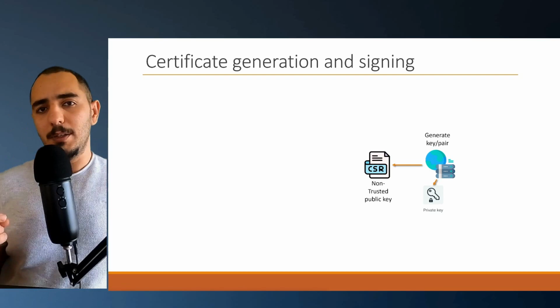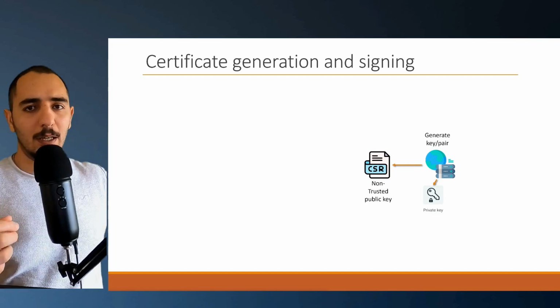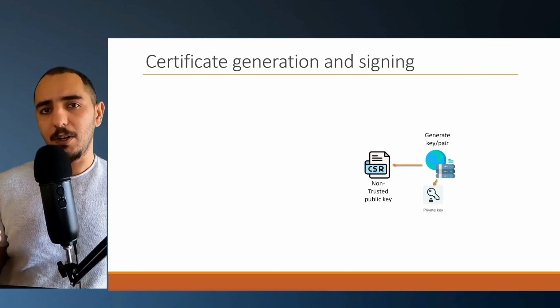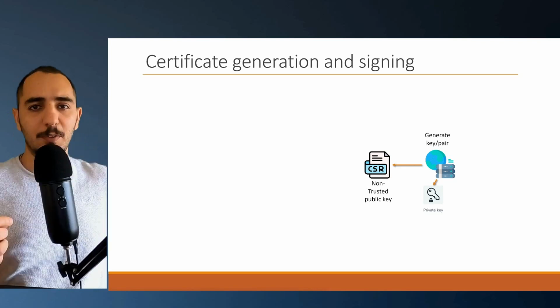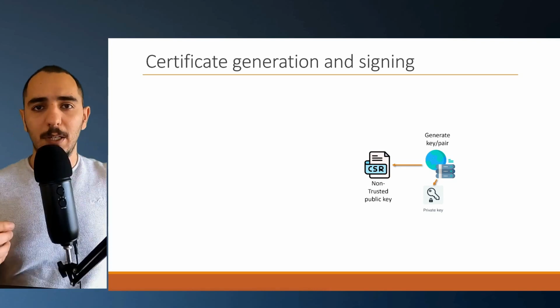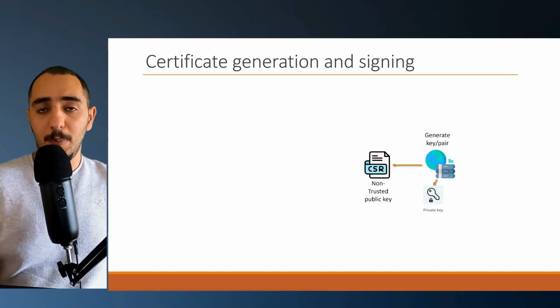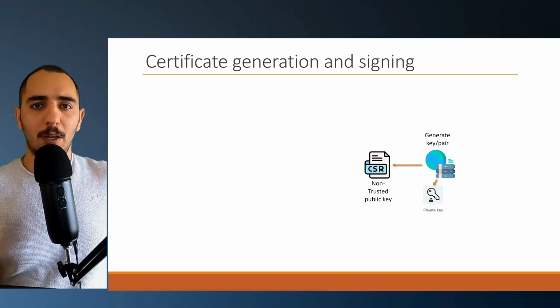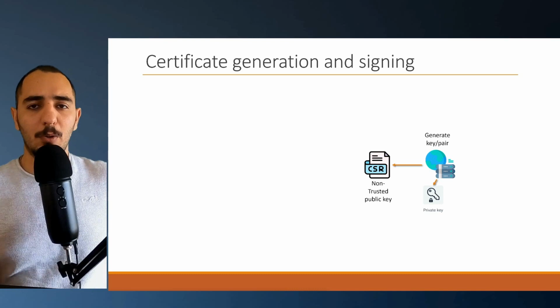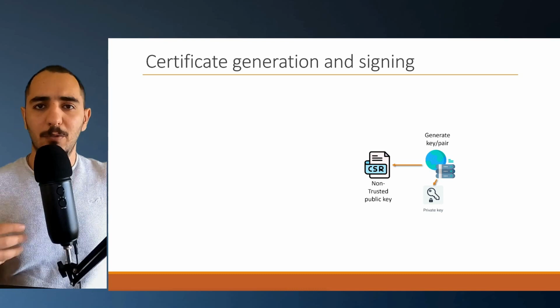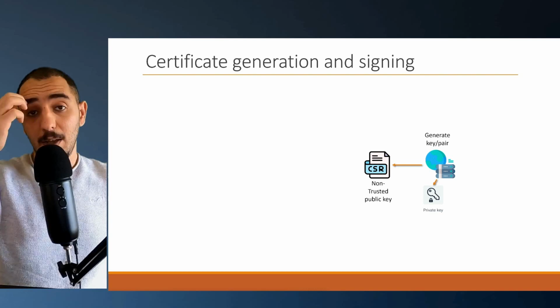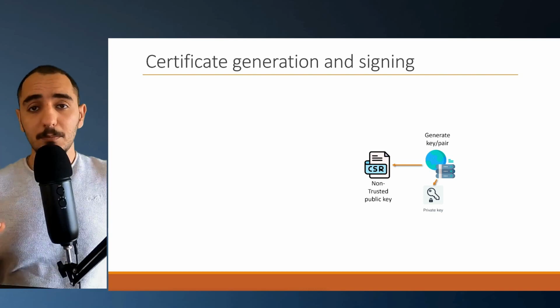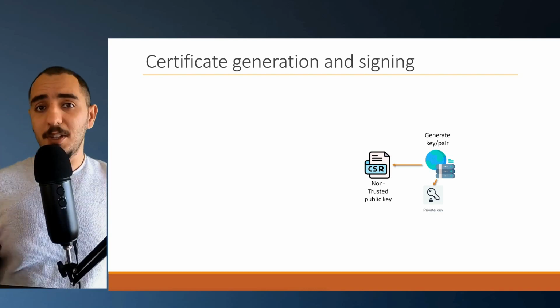I'll generate the private key, and I'll also generate a CSR, certificate signing request, which would be the public key. This CSR would contain information about the web server, whatever information you've entered when creating the certificate, and we'll go through CSR in another video. We'll go through technically how to generate a CSR, but I generate a CSR.